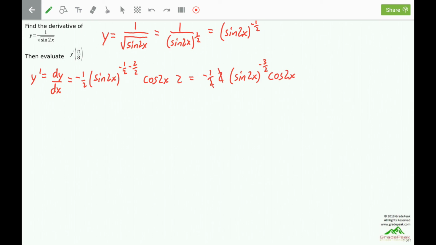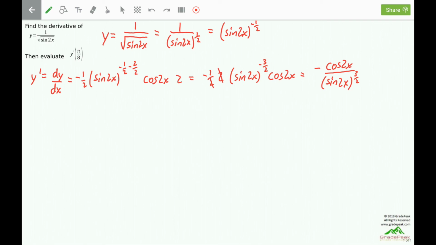The 2 here and the 2 here, 1 in the numerator, 1 in the denominator, they can cancel. In the numerator, I have a negative 1, and I have a cosine of 2x. And then that sine of 2x to the negative 3/2 can move to the denominator and be sine of 2x to the positive 3/2. There's our derivative y prime or dy dx.